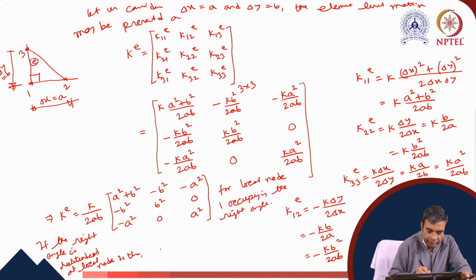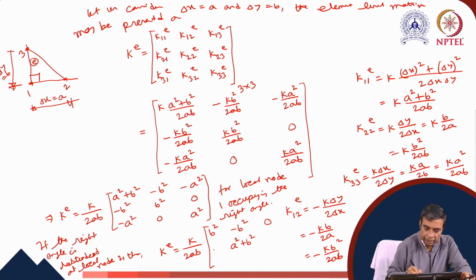So in that case, ke equals k by 2ab. This will be b square, minus b square, 0. This should be minus b square, a square plus b square, minus a square; 0, minus a square, and this should be a square.